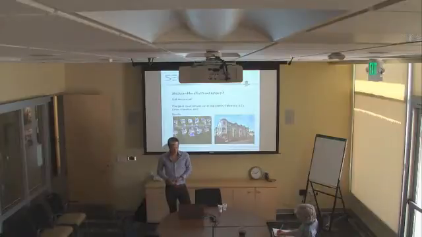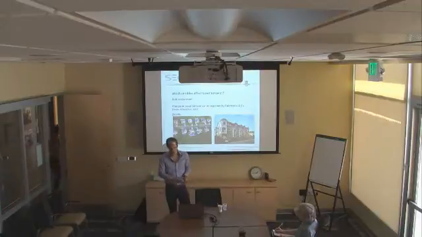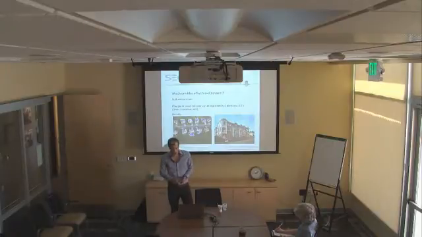The first one is density. You see, for instance, on the left a low-density neighborhood, and on the right a high-density neighborhood. If density increases, the average travel distance reduces, and it stimulates walking and cycling. For instance, if you live in the left neighborhood and you want to visit a neighbor who lives 10 houses away, you have to walk 200 meters, while on the right you only have to walk 50 meters.